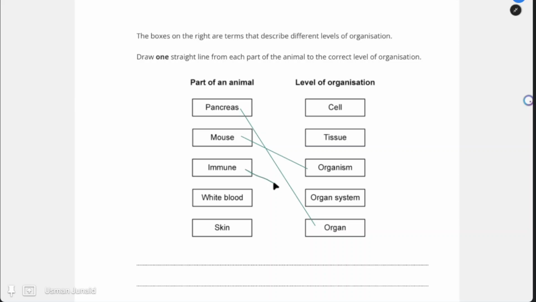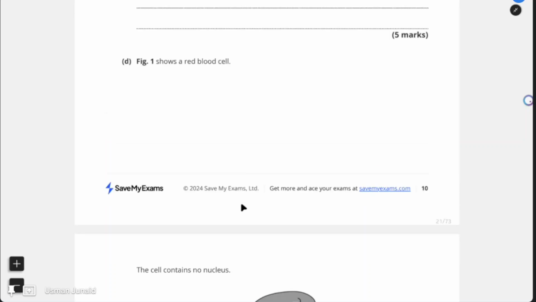It is an organ system. It includes your white blood cells, lymphocytes, and skin. Tissue? No, skin is an organ because it's a bundle of multiple tissues. Okay. So, any further questions?